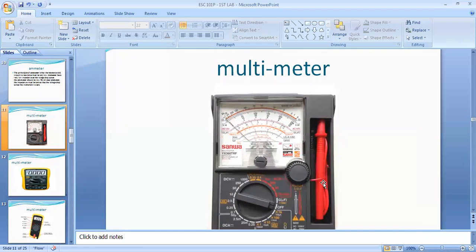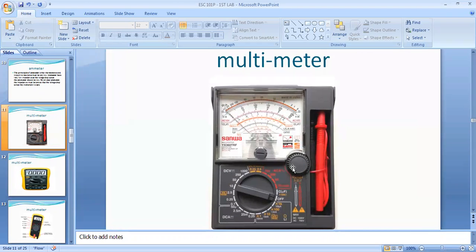We will use this instrument in our labs. Why are we using the multimeter? As the name suggests, multimeter means that we can measure multiple parameters on this one meter.